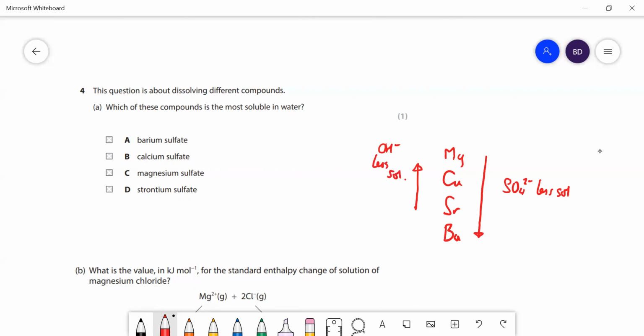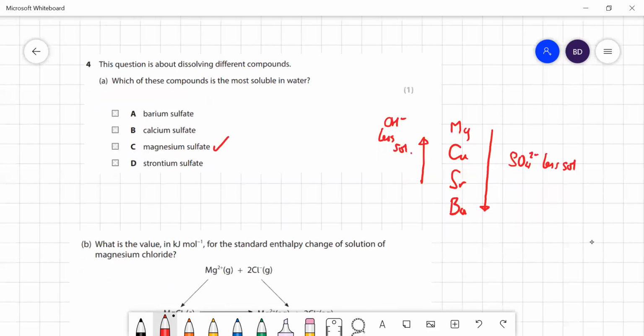It's not asking about hydroxide, so that's irrelevant. So barium is the least soluble, and magnesium is the most soluble. That is just a matter of recalling that.